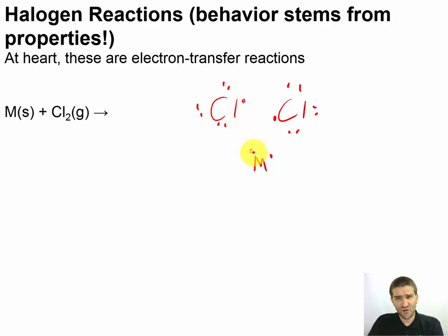But this is so electronegative versus what the metal has that it's going to steal one of these electrons, and so will this one, giving it an electron there, and leaving this as the metal 2+. And then, of course, these now negatively charged chloride ions can pair up with the metal, and we'll end up getting a metal chloride.